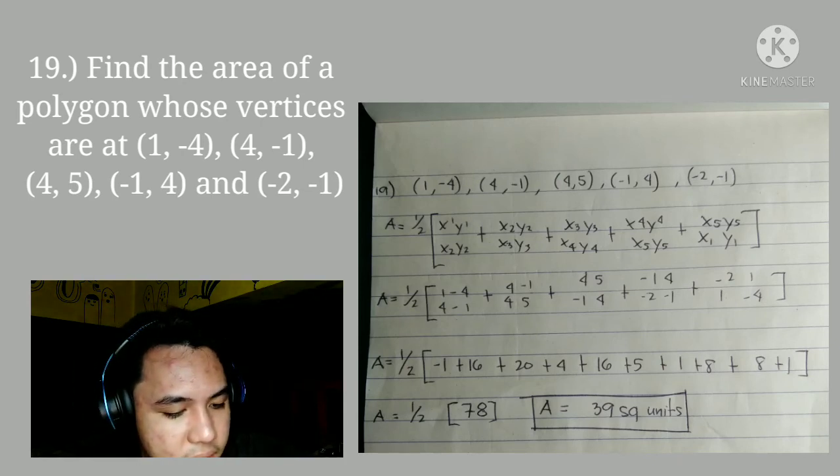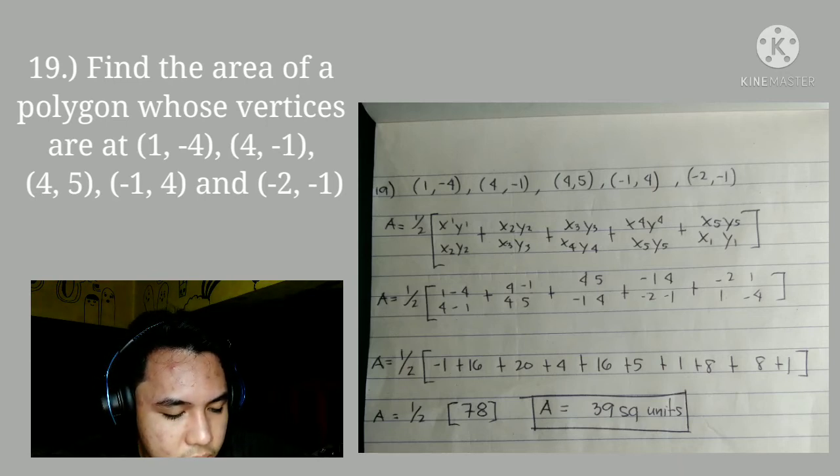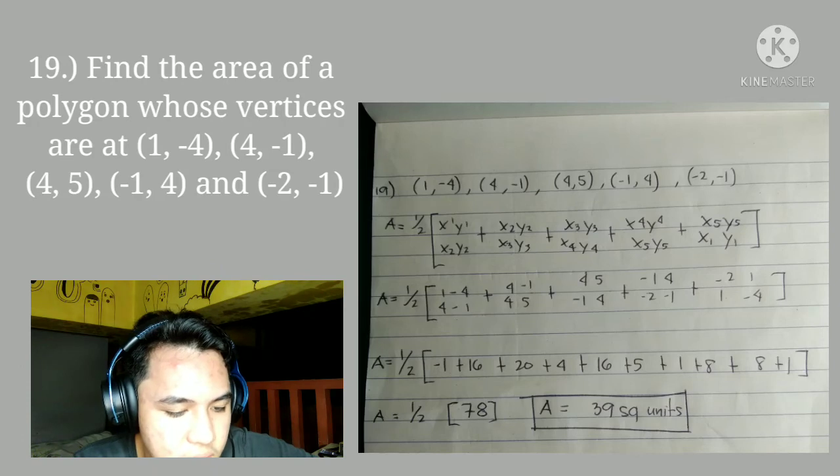We have here 1/2 because we're going to multiply by 1/2 at the end to find the area. So we have here the points.